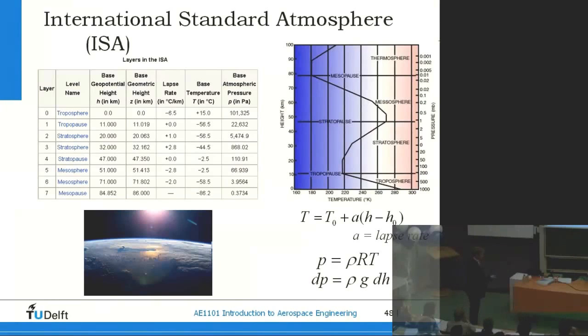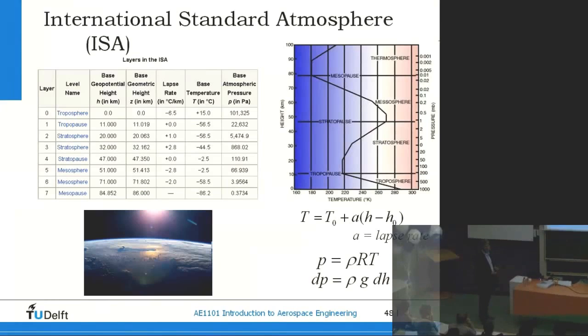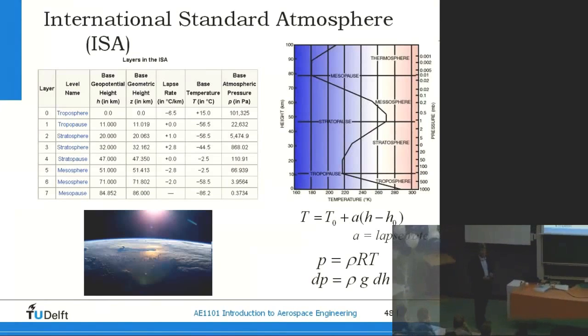So if we take at sea level here 10 to the fifth Newton per square meter, so if we take 1 square meter, there's 10 to the 5th Newton pushing on this square meter, and that is the same as 10 to the 4th kilograms. In other words, 10,000 kilograms of air is pushing on 1 square meter of desk here.